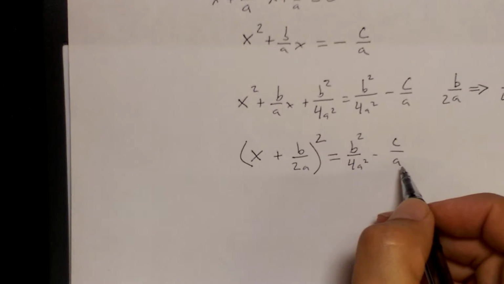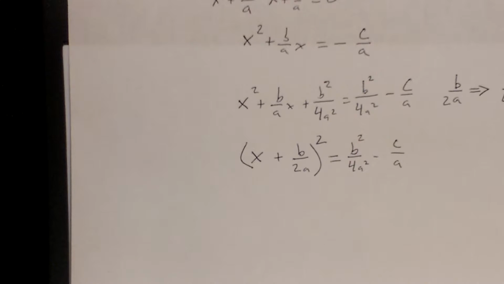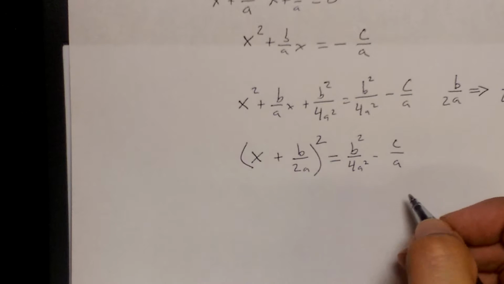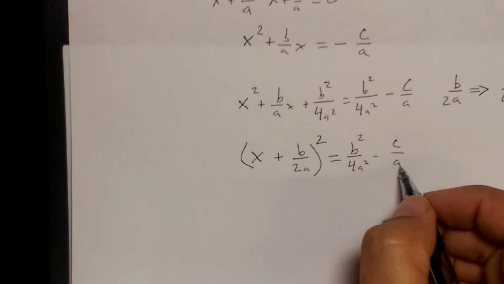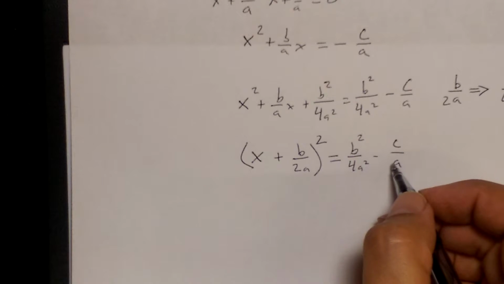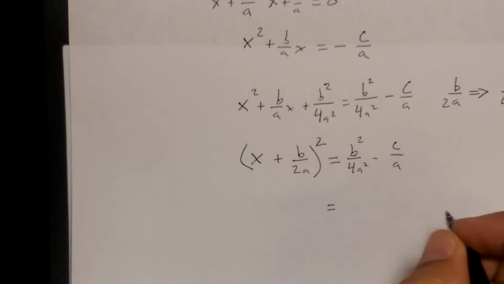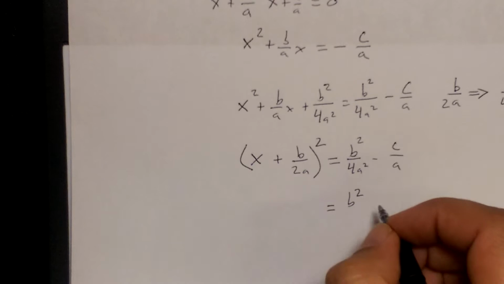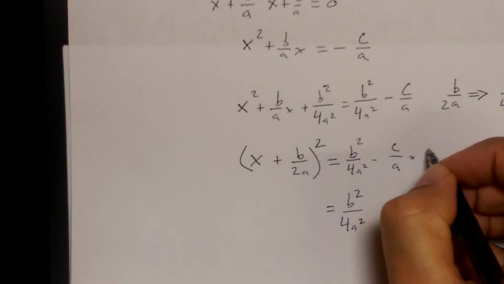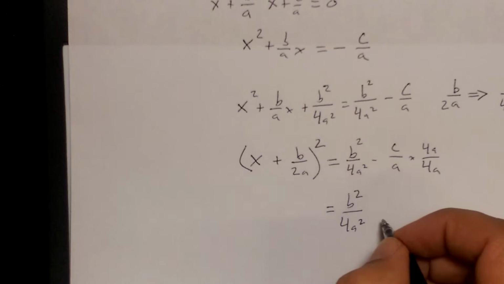So what I have to do is figure out what the least common denominator of these two fractions would be. In this case, it's pretty straightforward. We have a 4a squared, and on this side we just have a. So if I multiply by 4a, I'll get 4a squared. So I can get b squared over 4a squared, and like we said, we're going to multiply the top and the bottom by 4a.